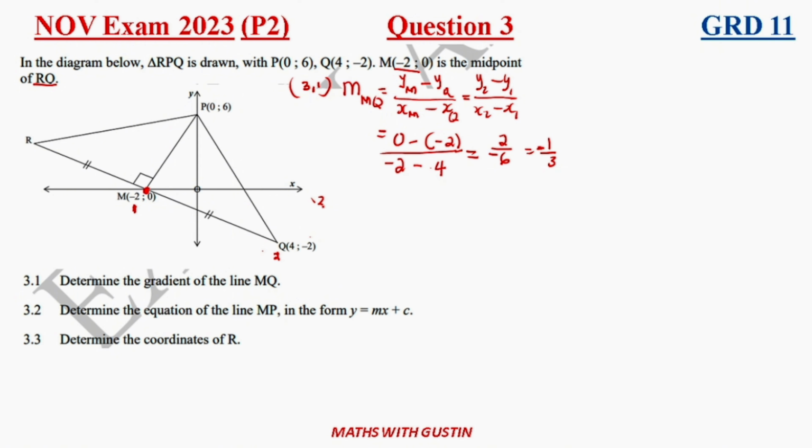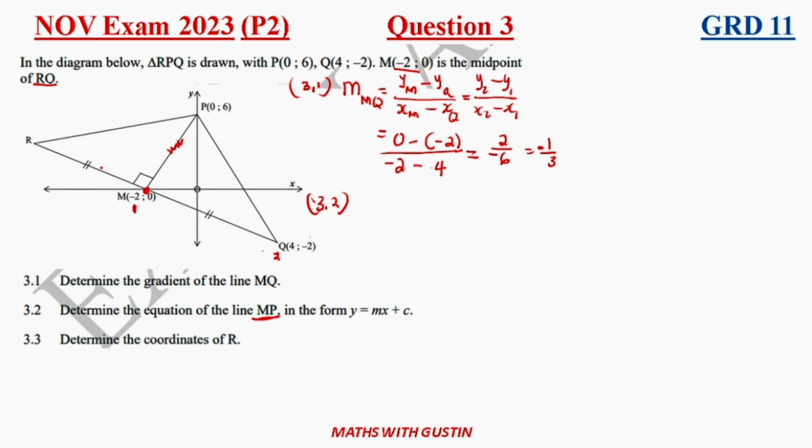All right, therefore 3.2 says determine the equation of the line MP, which is this line here, in the form y equals mx plus c. So it means we need to find the gradient of MP.